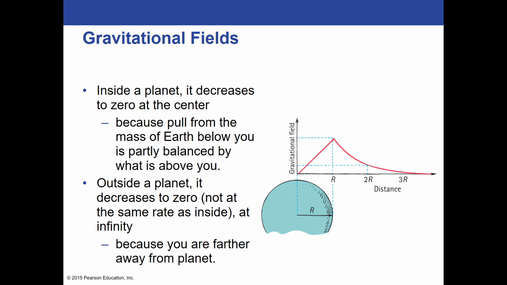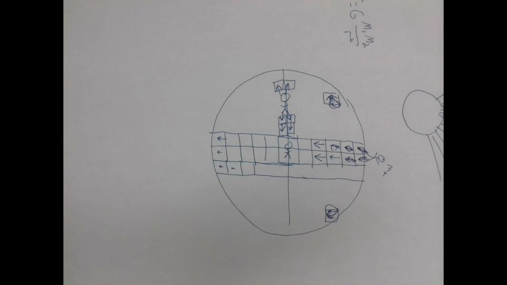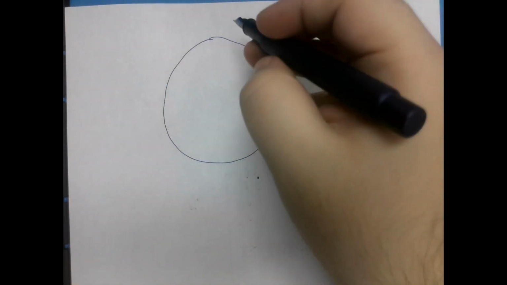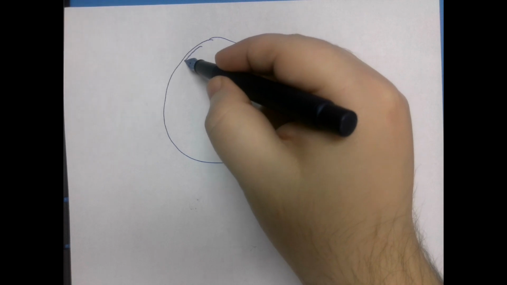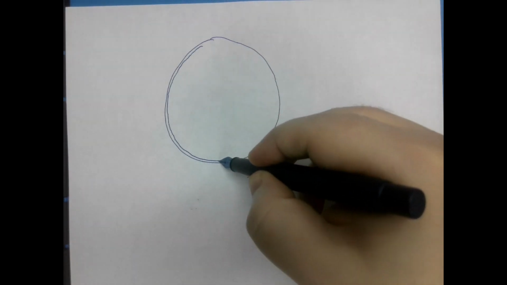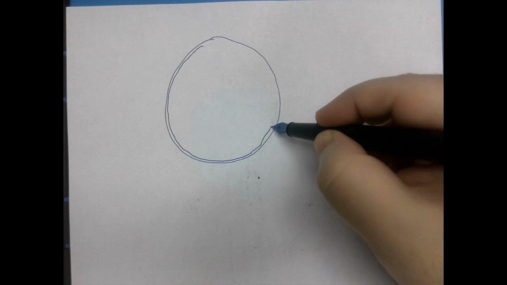Here's an interesting question. Imagine that all of Earth's mass was on a very thin ring.